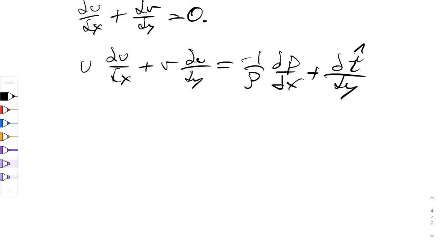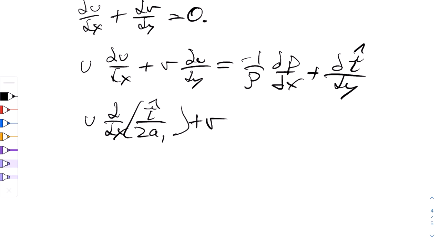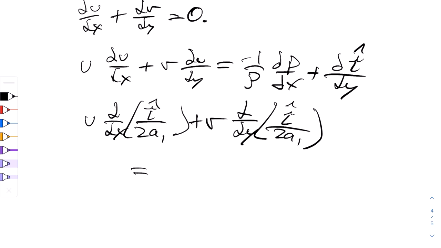And then we need our TKE tracking type equation. We'll have u partial x of (tau hat over 2a1) plus v partial y of (tau hat, sorry, all over 2a1) equals d plus p minus epsilon, which we defined before.